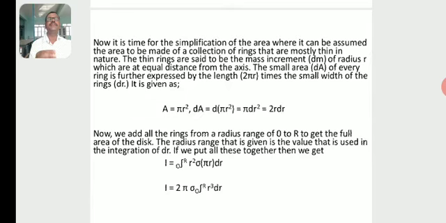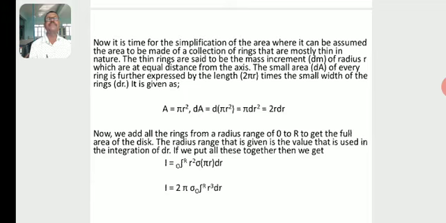The thin rings are the mass increment of radius r, which are at equal distance from the axis. The small area dA of every ring is expressed by the length 2 pi r times the small width of the ring dr.